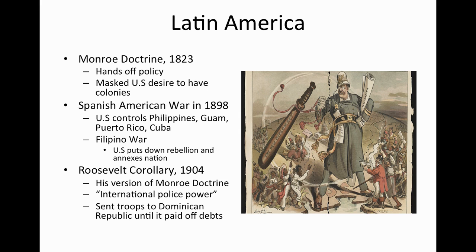In 1904, President Teddy Roosevelt also kind of had his own Monroe Doctrine, where he restated the goals of the Monroe Doctrine. He believed the United States had a role as a police power to, again, protect and not govern, but ensure the prosperity and freedom of these Latin nations.